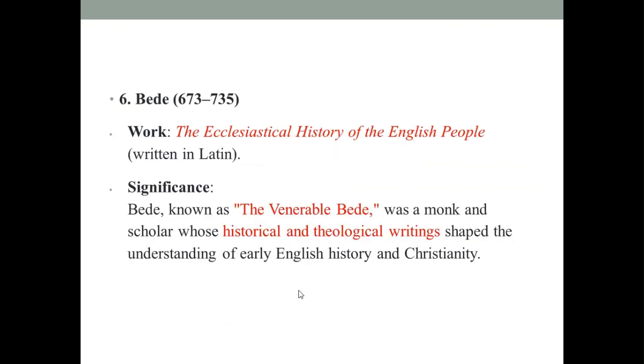Then next we find Bede, the writer, understand. His work is the Ecclesiastical History of the English People, originally written in Latin, and Bede is also known as the Venerable Bede. He was a monk and scholar whose historical and theological writings shaped the understanding of early English history and Christianity.